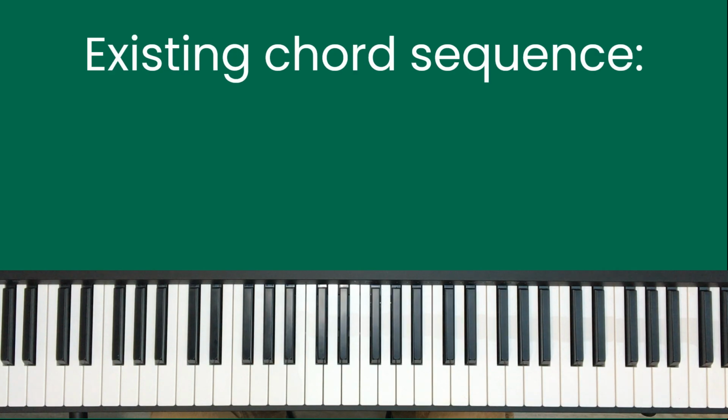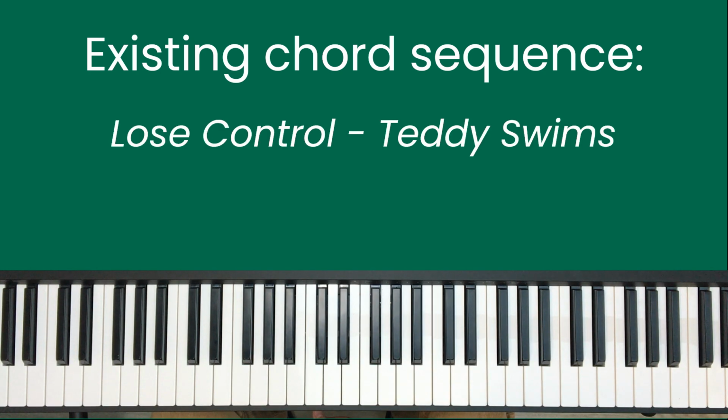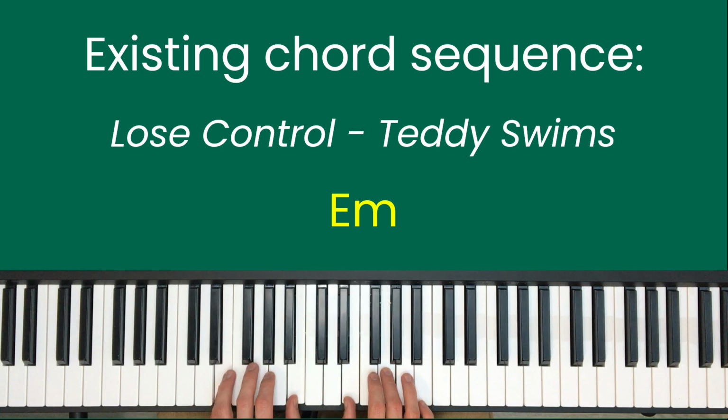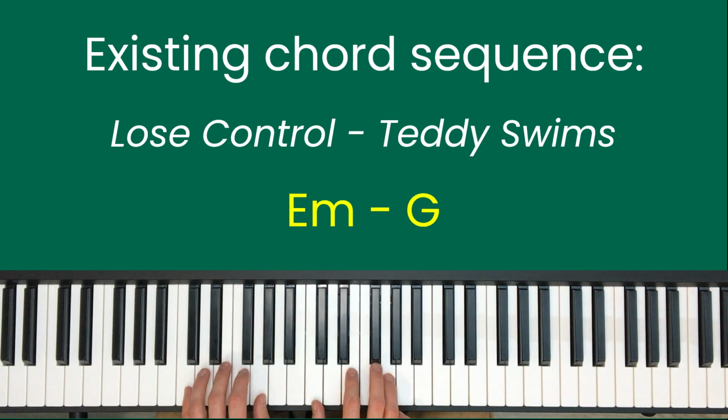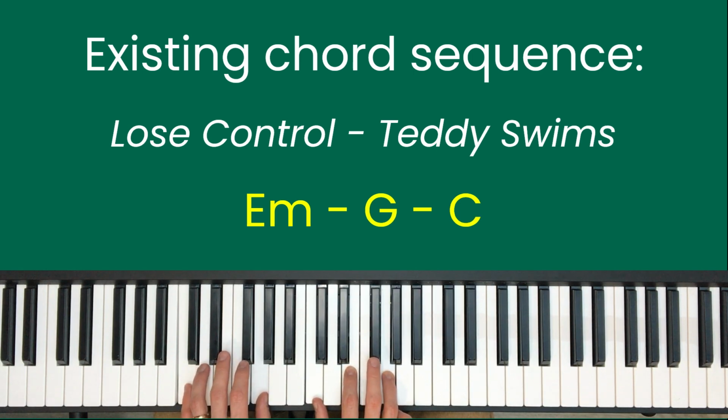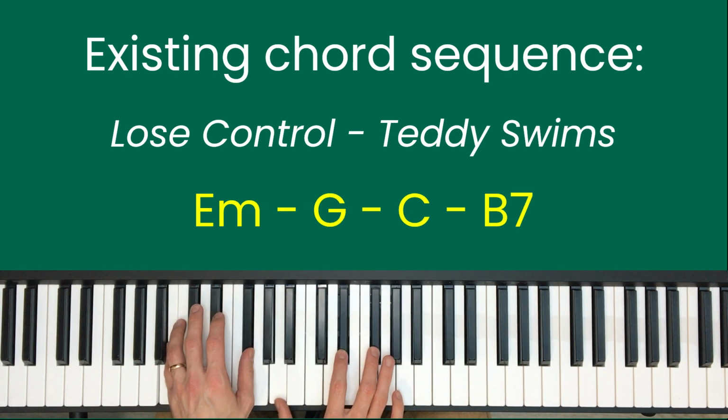For today's video, we're going to take a chord sequence that already exists as a framework to start with. We're going to look at the chords to Lose Control by Teddy Swims, which are E minor, G, C, and B7.